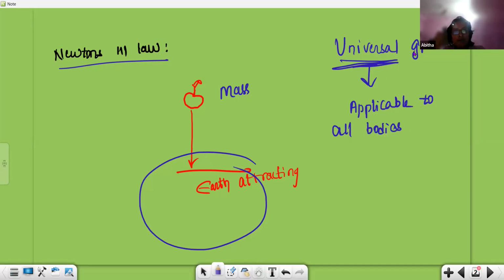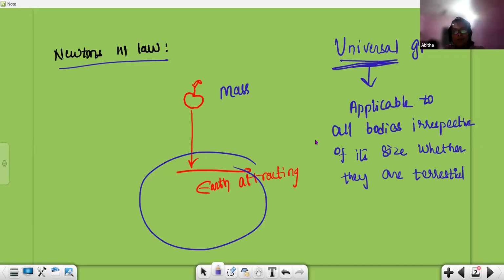Whatever the force is there, that is the gravitational force. It exists everywhere between two objects, irrespective of its size, whether they are terrestrial or not.